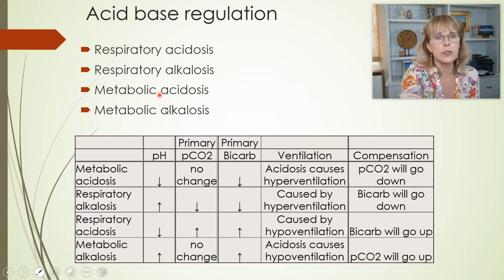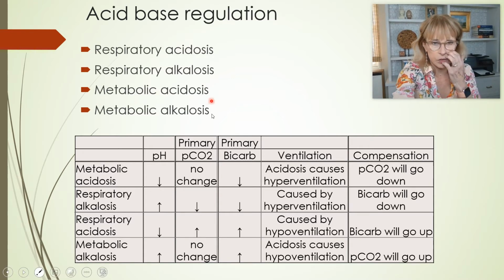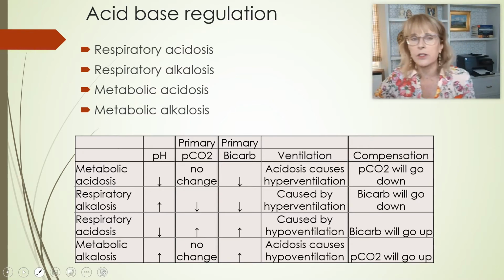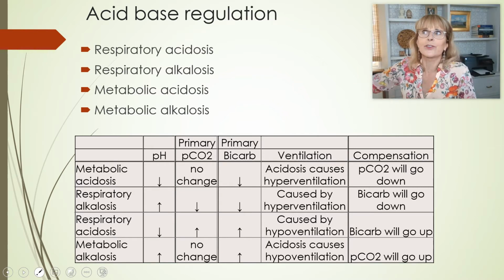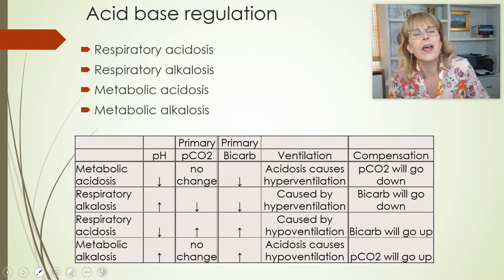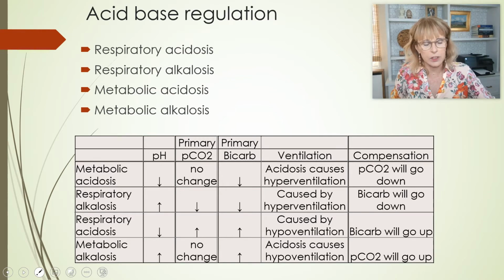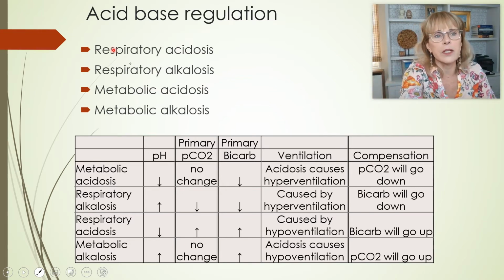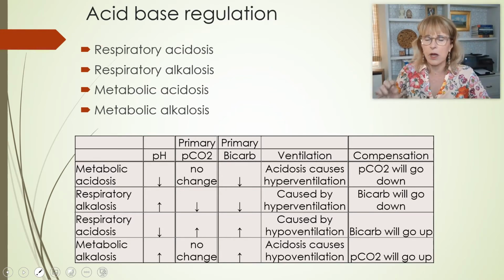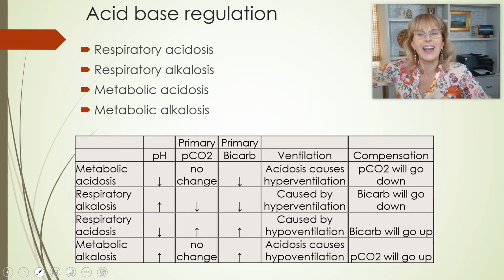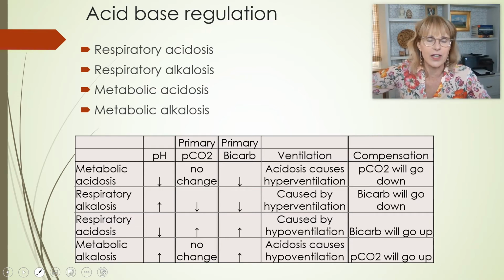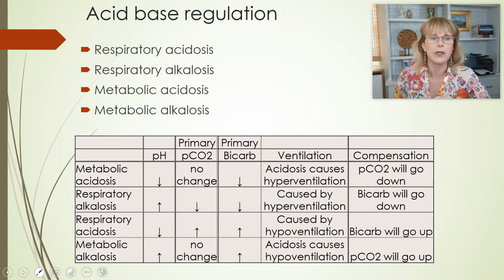That kind of acidosis is called a metabolic acidosis because it's an acidosis that is not related to the respiratory system. There really are two kinds of acidosis. One of them is going to be an acidosis that's caused by some compromise of breathing, and then everything else. Everything else that causes an acidosis is termed metabolic.